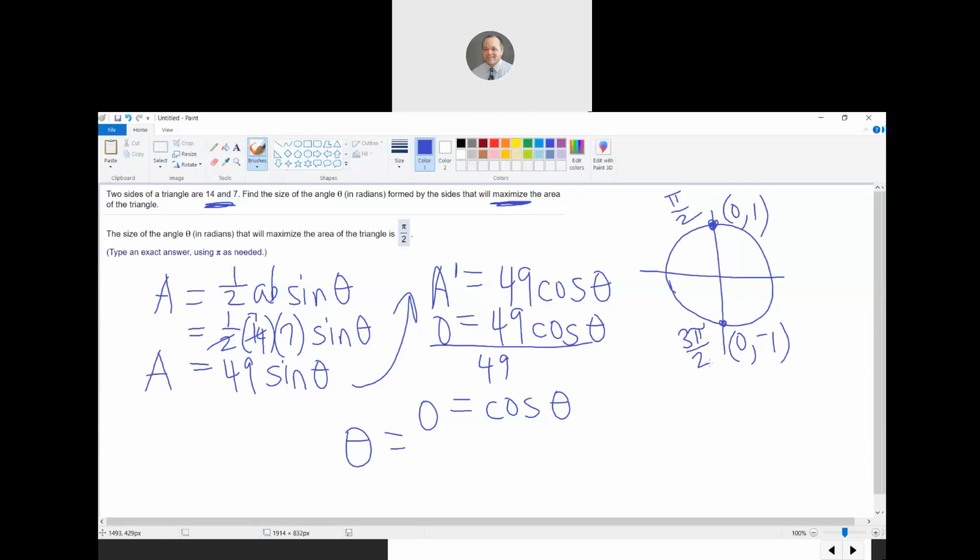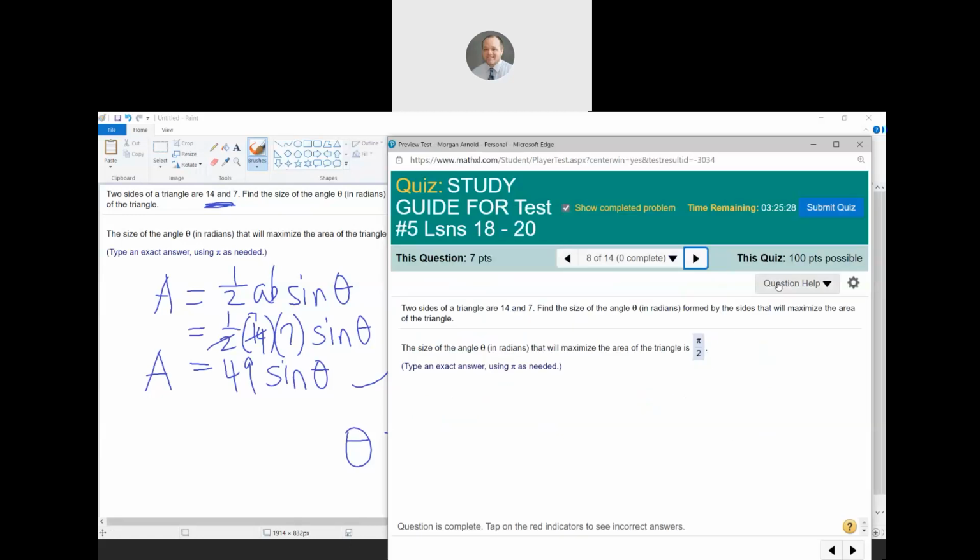Now, because our two sides are positive, of course, that's a given, inverse cosine theta has a restricted domain.